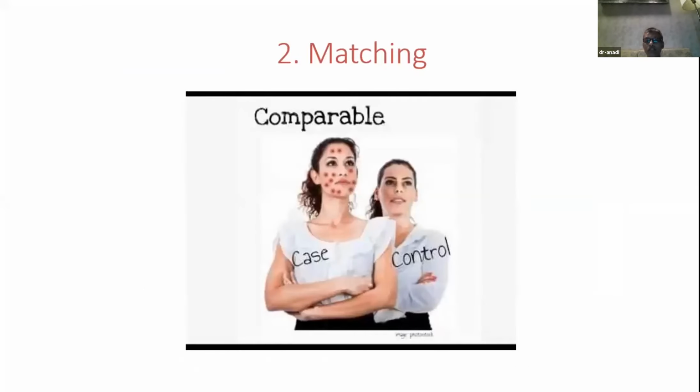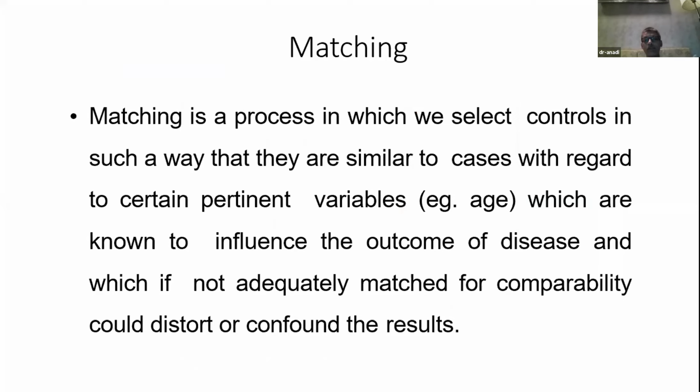Next thing is matching. Matching is a process in which we select controls in such a way that they are similar to cases in all the demographic aspects with regard to certain pertinent variables, such as age, which are known to influence the outcome of disease and which, if not adequately matched for comparability, could distort or confound the result.